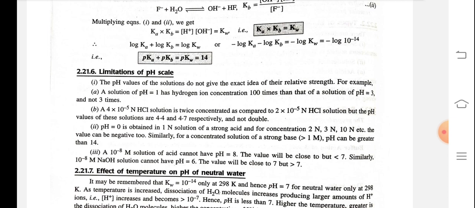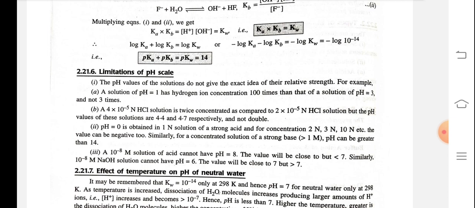A 4 into 10 raised to power minus 5 normality HCl solution is twice as concentrated as a 2 into 10 raised to power minus 5 normality HCl solution, but the pH values of these solutions are 4.4 and 4.7 respectively, and not doubled.